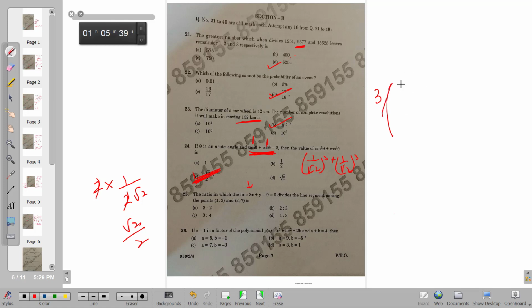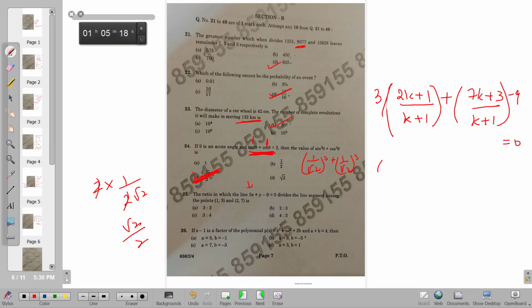3 into 2k plus 1 divided by k plus 1, okay, plus then we have the y coordinate. The y coordinate of the point would be 7k plus 3 divided by k plus 1 minus 9 is equal to 0.